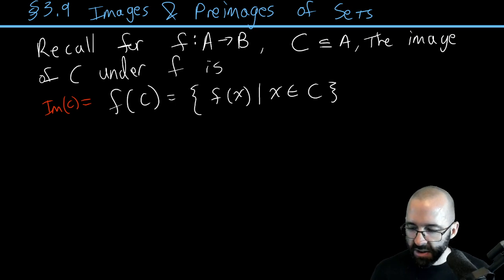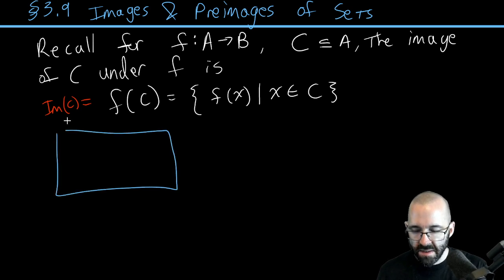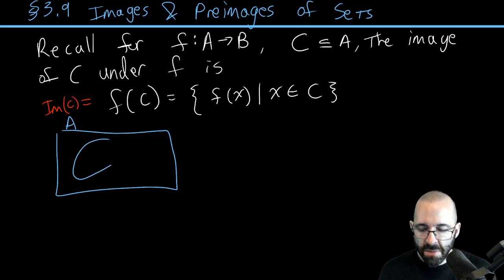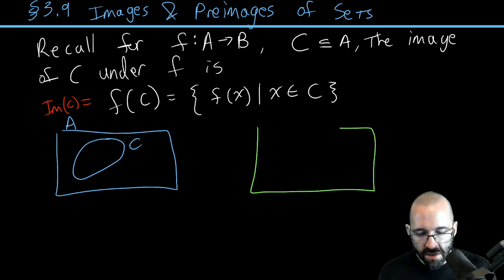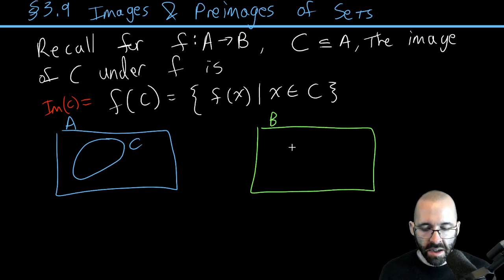And this makes a lot of sense when we look at it with a picture. Let's say our domain is some set A, and we're looking at some subset of the domain, C. We also have a codomain over here, B. Again, we used to think of this as range. Now we're realizing range is something a little different.